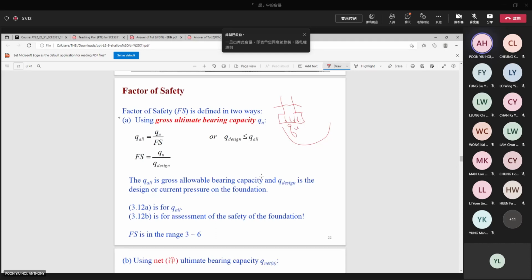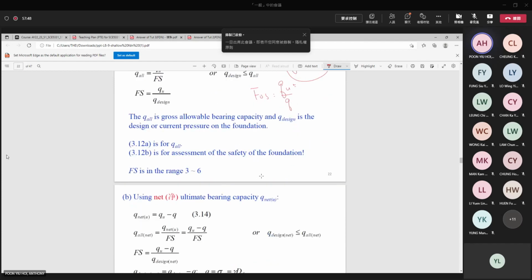So the factor of safety will be the ultimate capacity, which is calculated from the formula, divided by the actual load of the foundations, and then you get the factor of safety. Okay? So this is one way of obtaining the factor of safety.